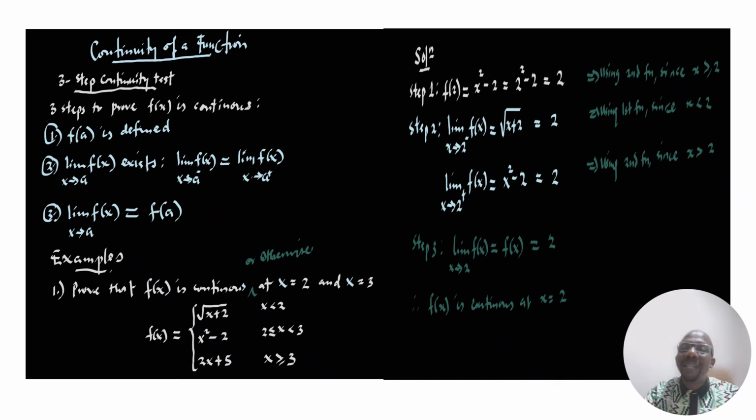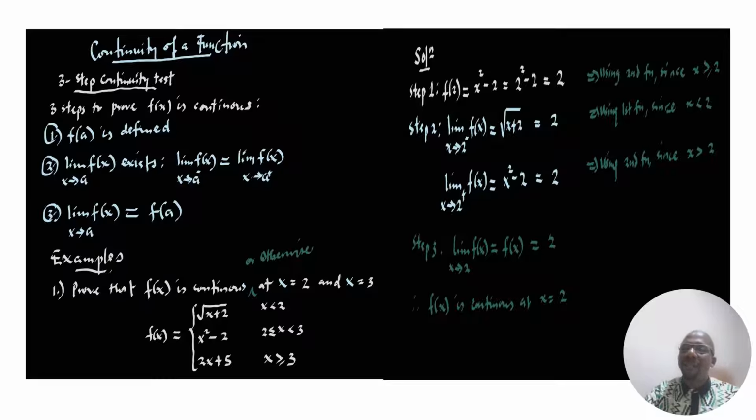For step 2, the limit of f of x as x approaches 2 from the left side, that is x approaches 2 raised to the power minus, f of x is the root of x plus 2, using the first function, since x is less than 2 from the left side. From the right side, x is greater than 2, so that would be the second function as well.